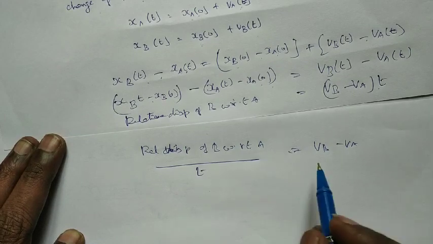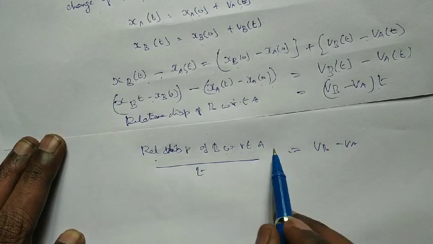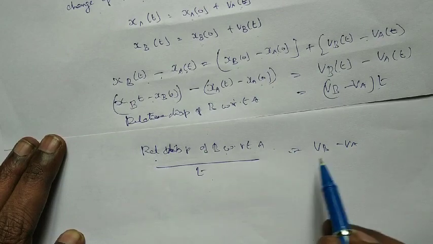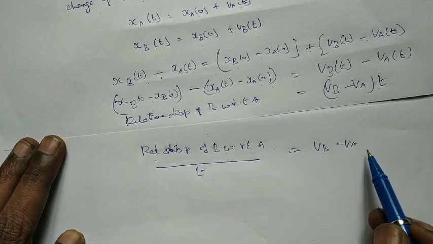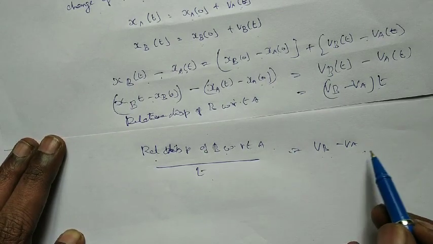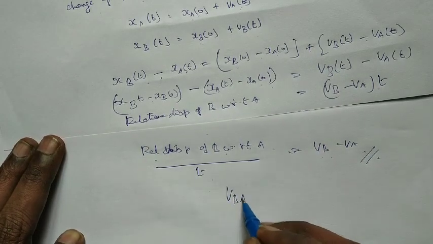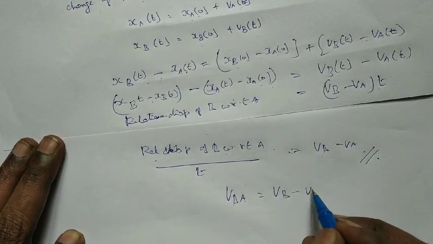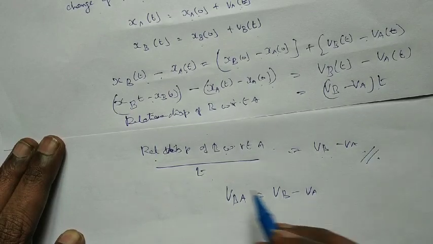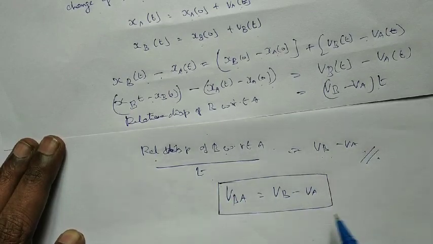So this relative displacement of b with respect to a per unit time is called the relative velocity of b with respect to a. So you get a final expression here. You can write this as vba is equal to vb minus va. That is the way in which you can write.